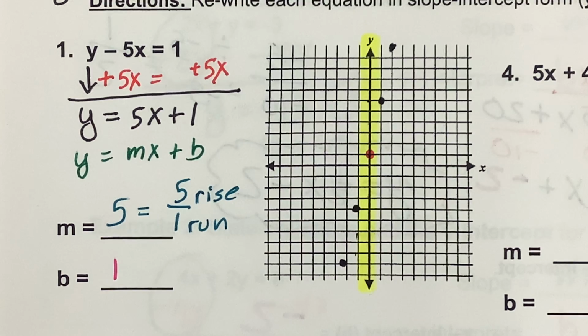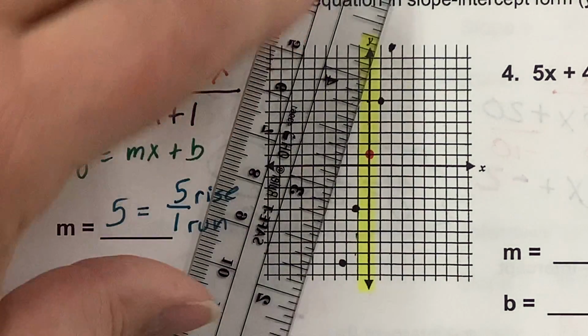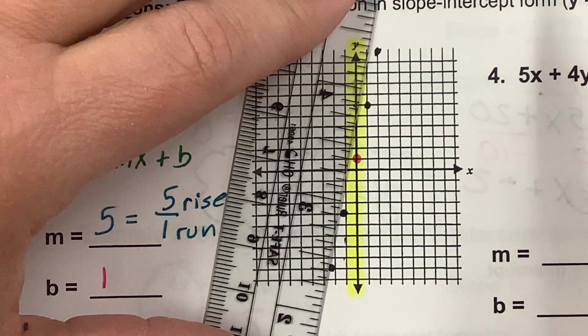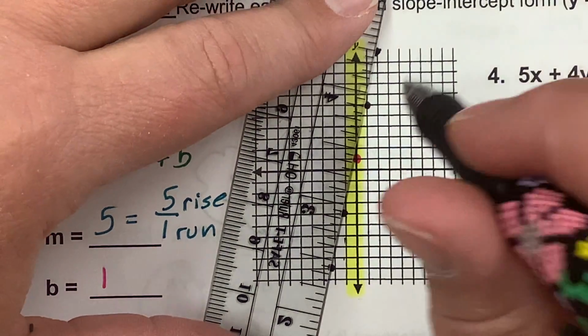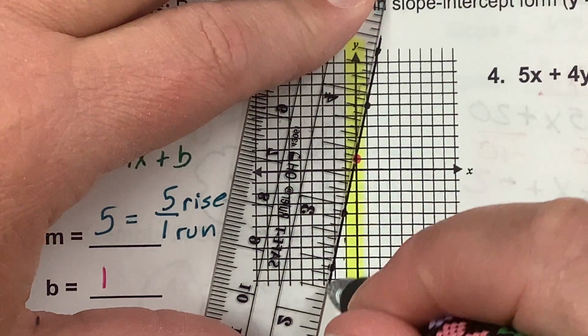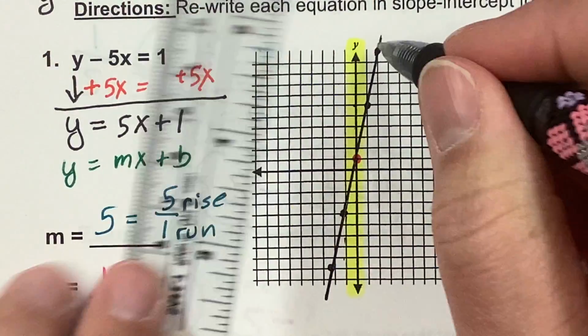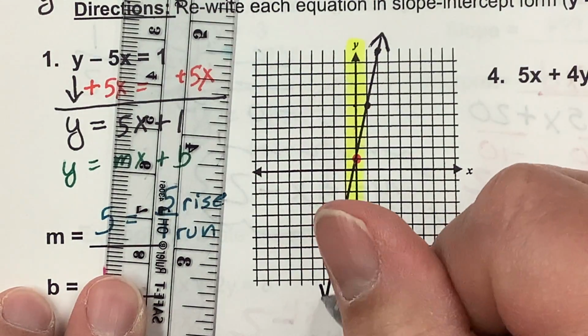And I like to have a lot of points when I'm graphing because it makes my line a little straighter. So what did I just do with my ruler? Here it is. So connect the points and make a line all the way across the grid. Put arrows on your graph.